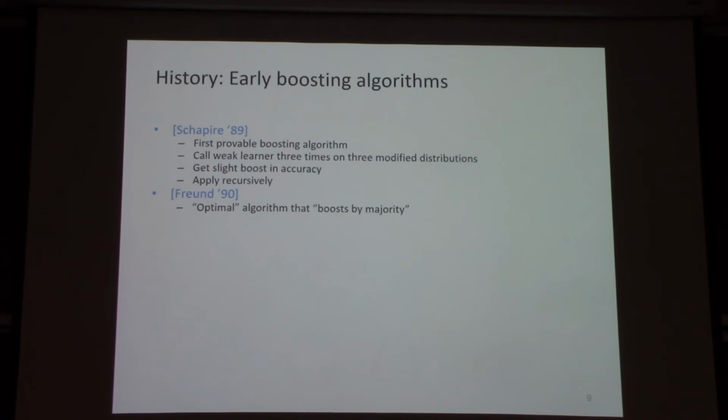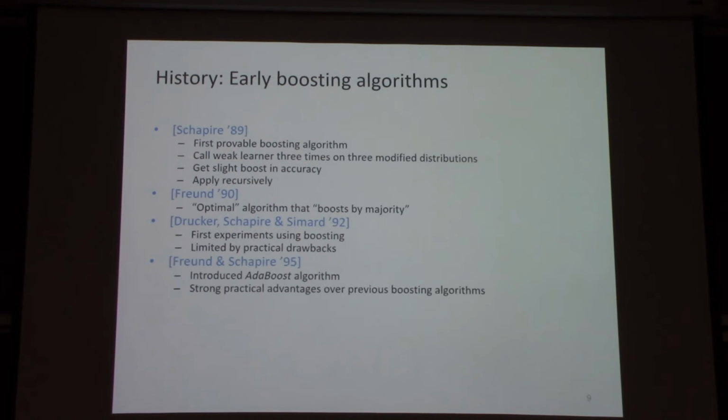Yoav Freund in 1990 wrote a paper that showed an optimal algorithm that boosts using majorities. There was some other work. In 92 there was a paper that tried to use these ideas on practical data, but 1992 is older than some of you, so computers were not very good and there were practical issues.